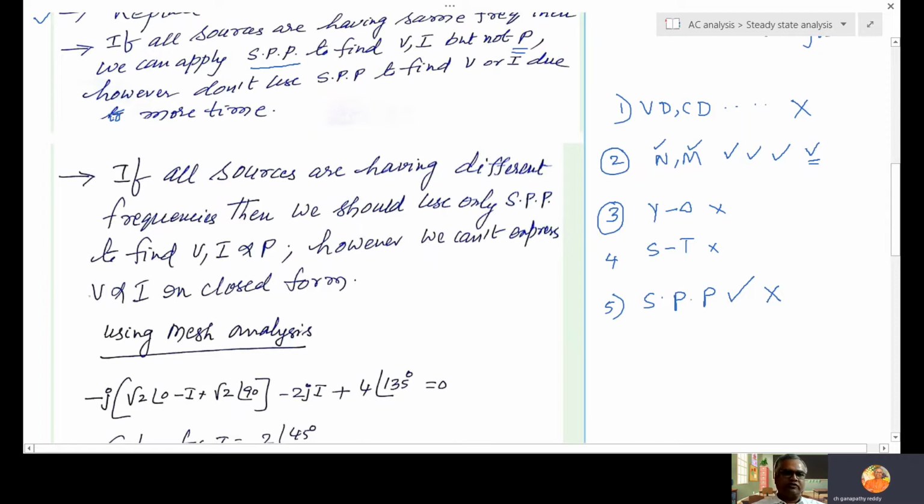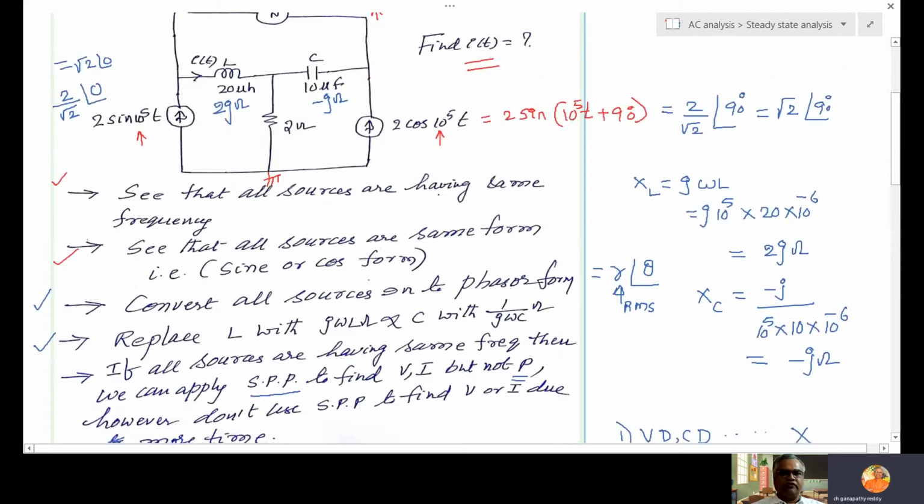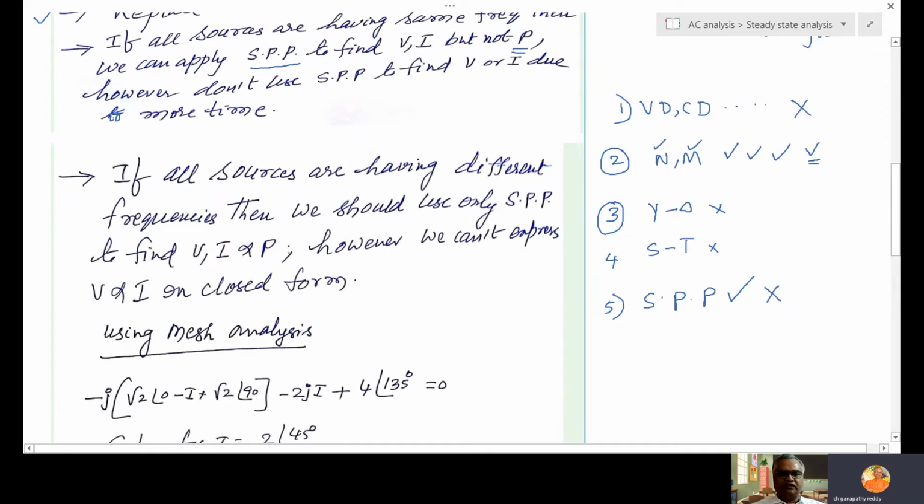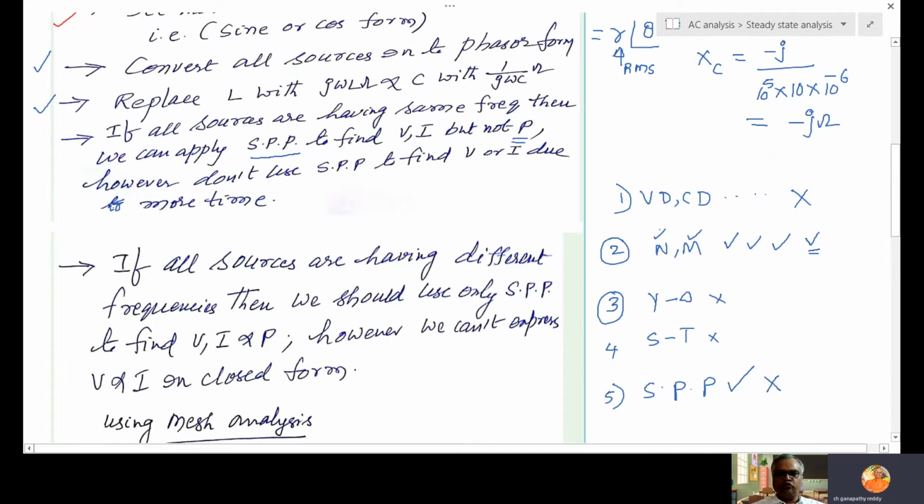However, we can't express voltage and current in closed form. If frequencies are different, say 10 power 4, 10 power 5, 10 power 6, we should use only the superposition principle. We should not use nodal, we should not use mesh.